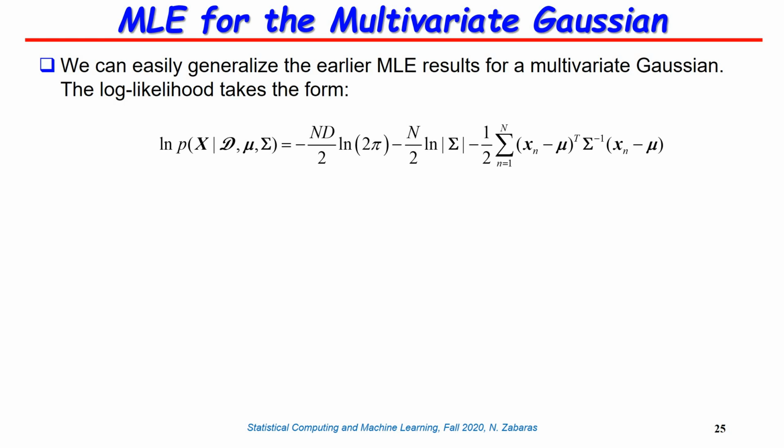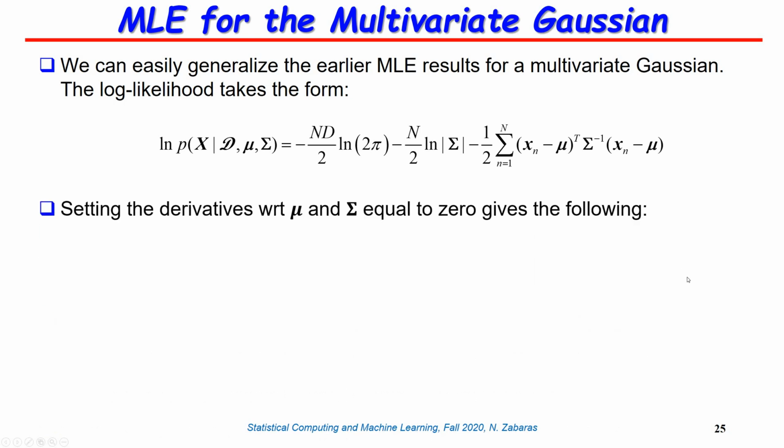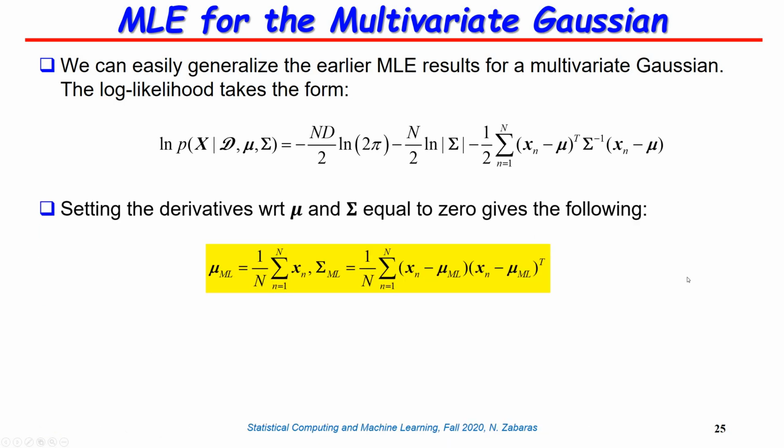There is nothing fancy about it, and I can even give you the answers: they are practically the same as for the univariate case, written in vector and matrix form. The MLE estimate for mu is the sample mean, the MLE estimate for sigma is the sample covariance. The question is, how do you get those?